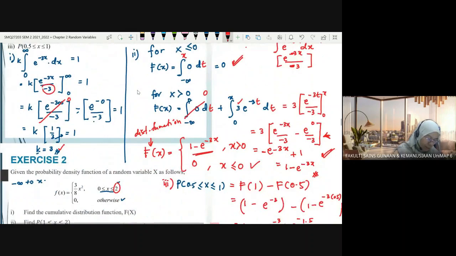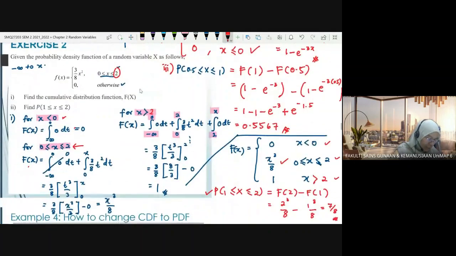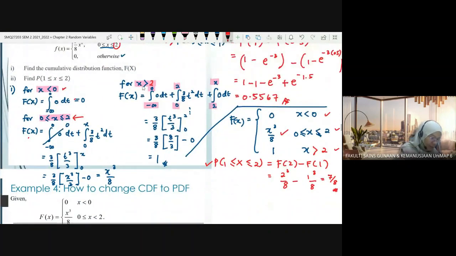I will have to say you need time to digest this. So this is how we extract one by one, because we are talking about cumulative. From less than 0, what if from 0 until 2? What if it's greater than 2? In this case, we also stop at x, if we go from 2 to x.